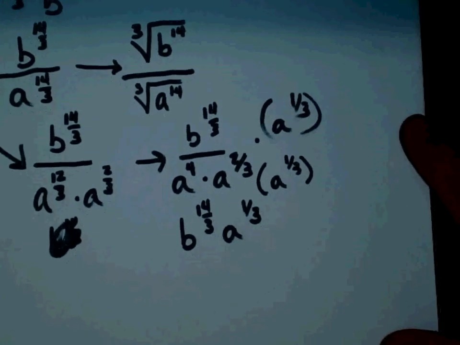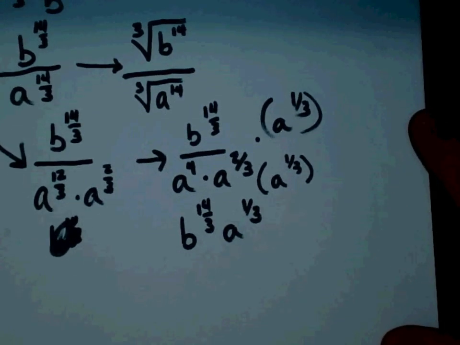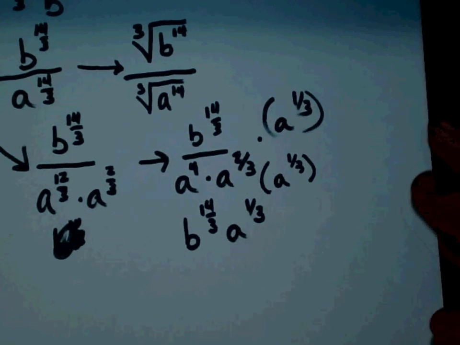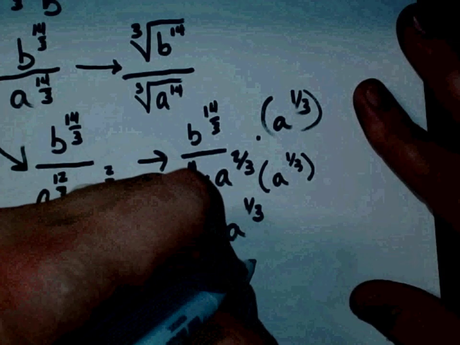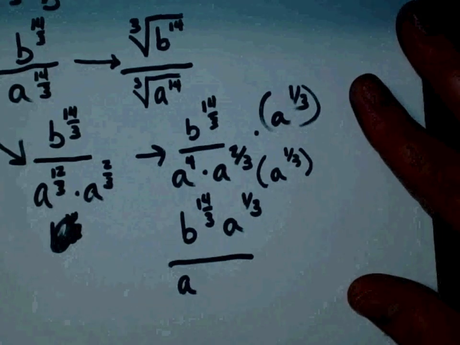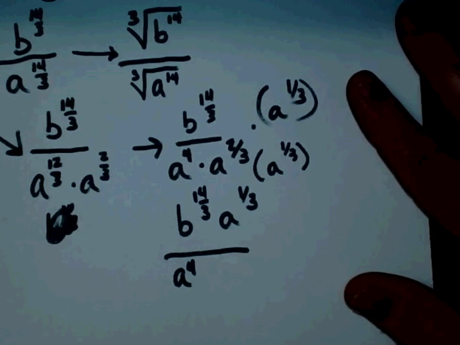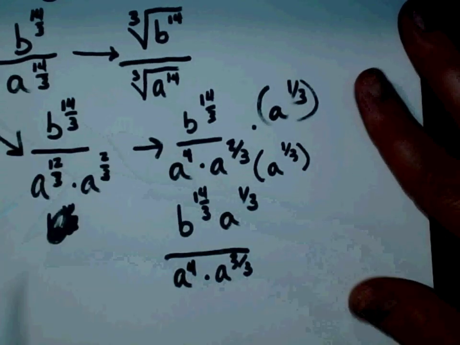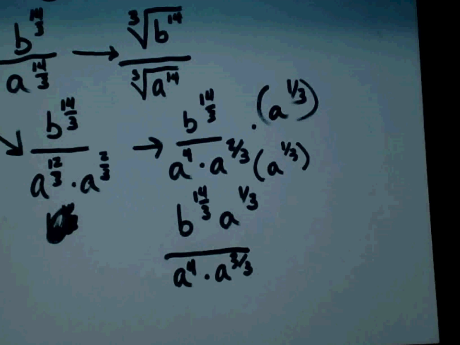All right, and so this is going to become b to the 14 over 3, a to the 1/3. Can I combine those? I got a common denominator. Same variable, very good, or base. Same variable or same base, good. And so the bottom now has, since I combine those, a to the 4th and a to the 3 over 3, correct?